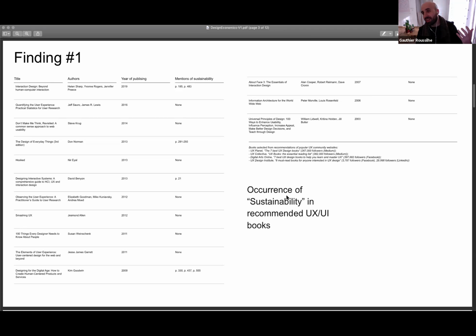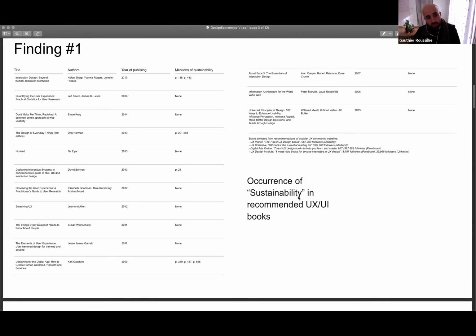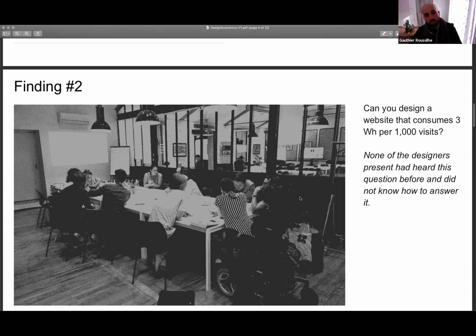So the first interesting thing in the practice is that there are huge knowledge gaps in the way we are taught about making digital services, and digital products from a broader perspective.